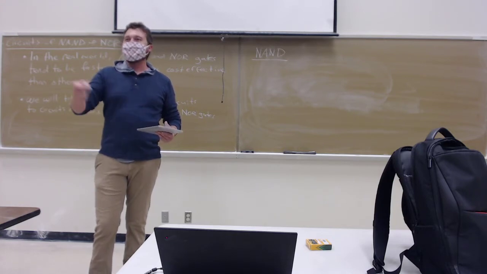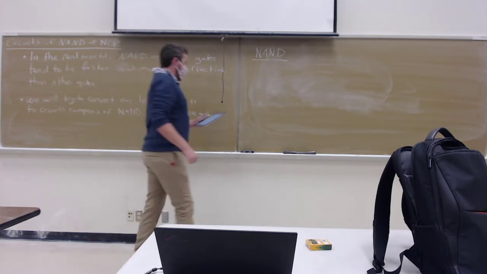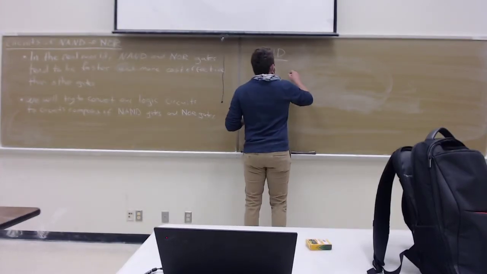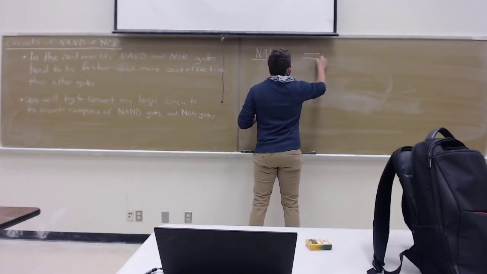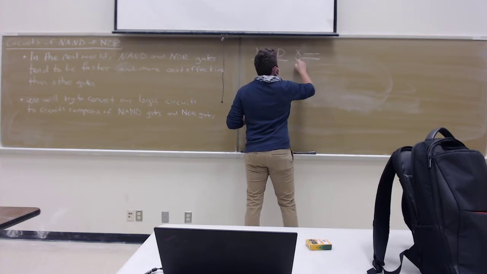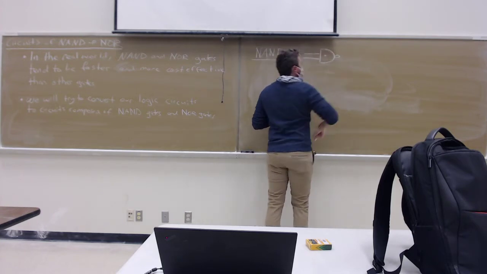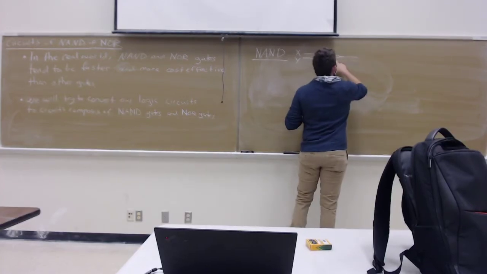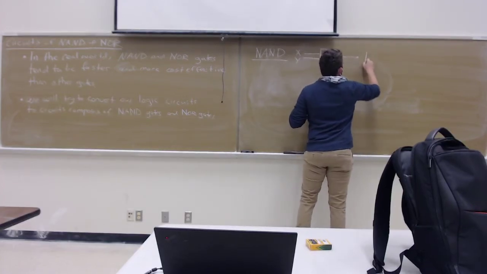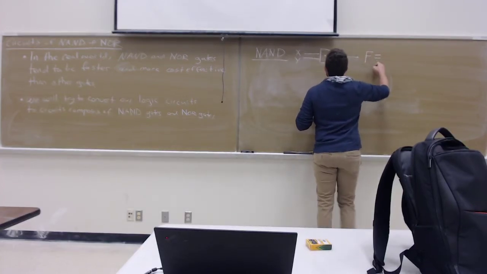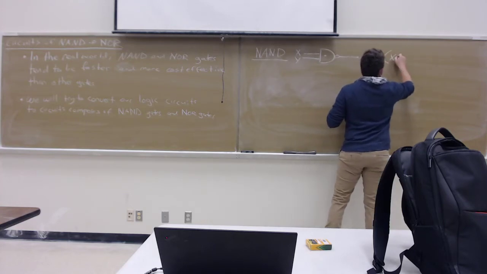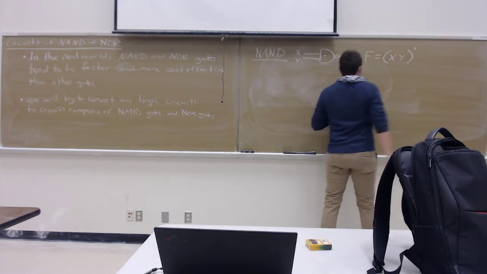Yeah, it's not and. It's the inverse of and. So we'll usually draw it as a thing that looks like this. Maybe we've got x and y. We'll draw an AND gate with a little dot on the end to indicate that it's inverted. And that's our output. We'll say that f is equal to x and y, not.